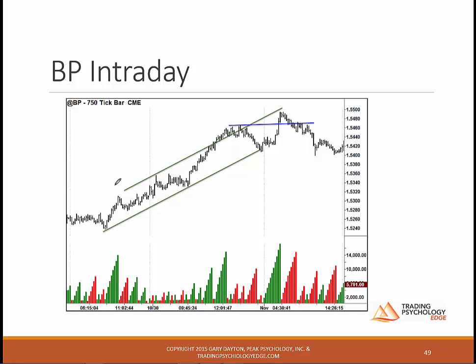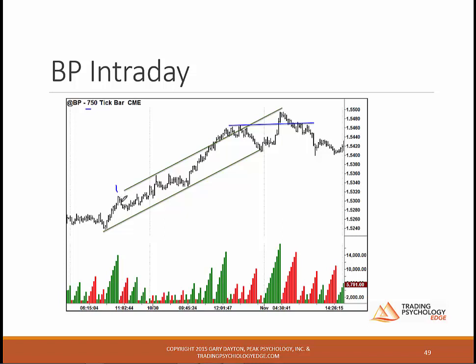Ticks are nothing more than bars being built on activity. This is a 750 tick bar chart, so each bar is 750. Technically, it's price changes, but you can think about it in terms of trades. 750 trades occur, and a bar gets painted. Then we go on to the next bar.